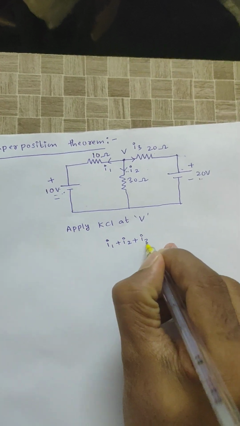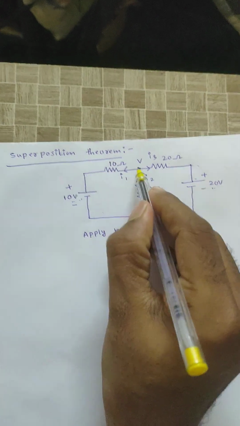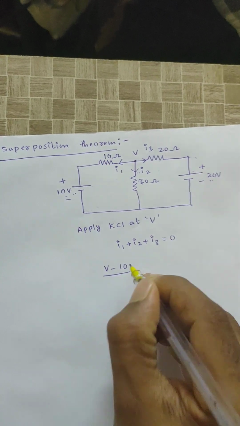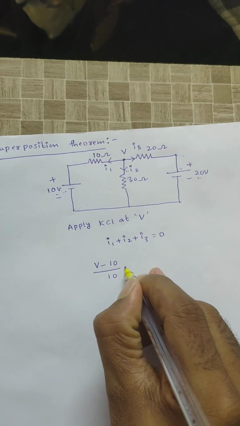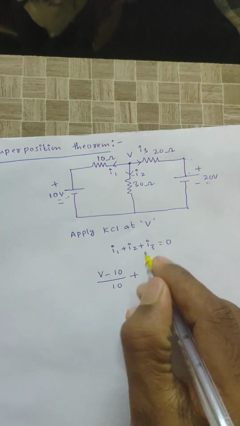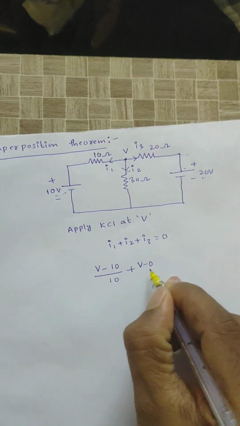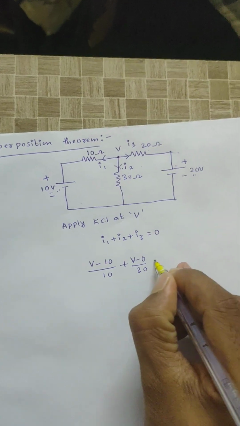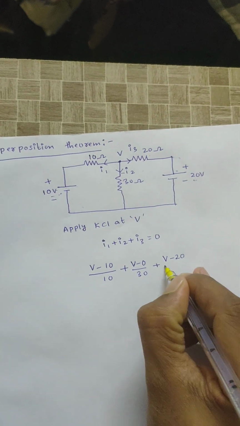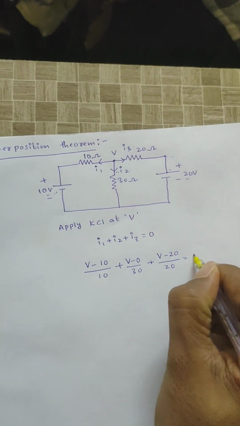All are outgoing currents. Then I1 is (V minus 10) by 10, plus I2 is (V minus 0) by 30, plus I3 is (V minus 20) by 20, equal to 0.